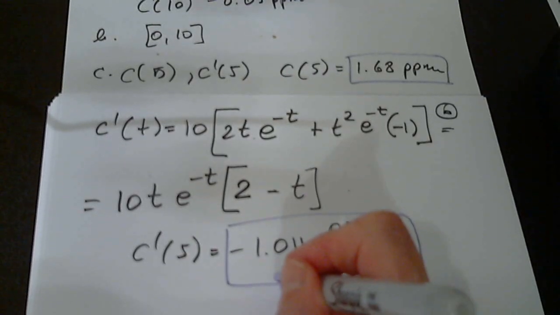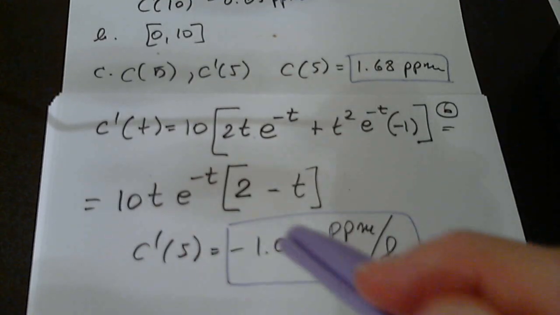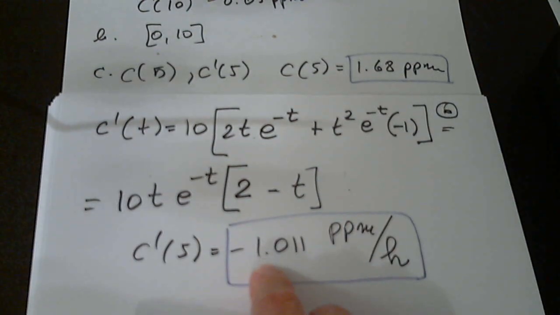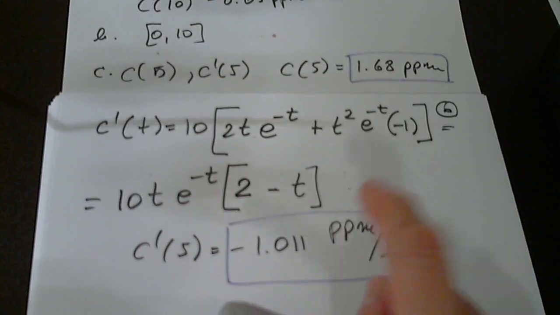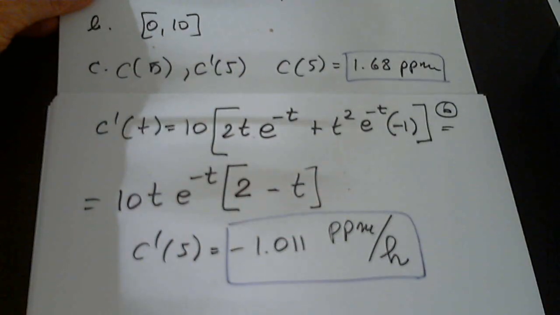At that instant, 5 hours after I took the medication, the concentration in my bloodstream is changing, exactly decreasing by 1.011 parts per million per hour. Is this clear? Is this okay? Yes. Perfect. Do you want me to write this down?